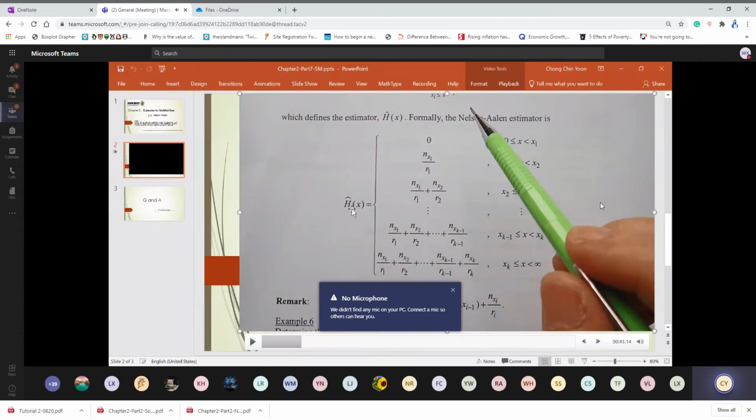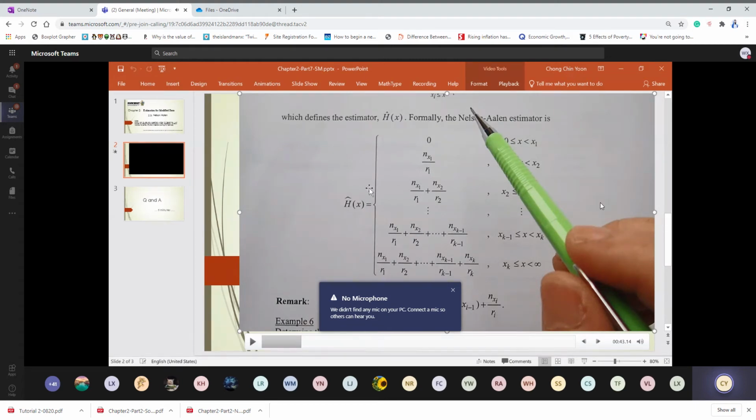But if you compare to the Kaplan-Meier, in the Kaplan-Meier we calculate the survival. Okay, so please highlight. For Kaplan-Meier, the recursive value is applied to the survival, but for this Nelson-Aalen, the recursive value actually is applied to this cumulative hazard rate.